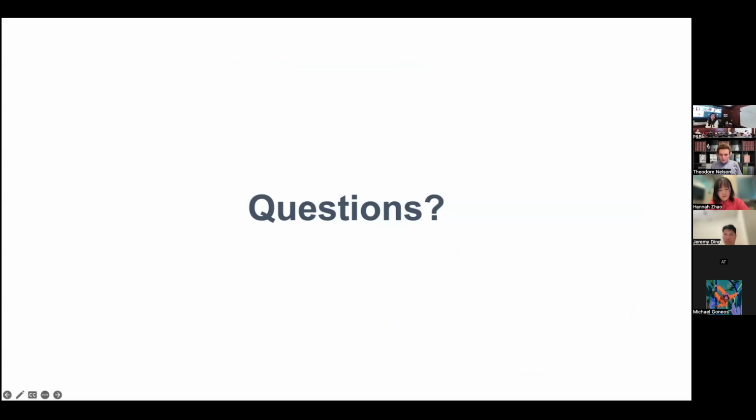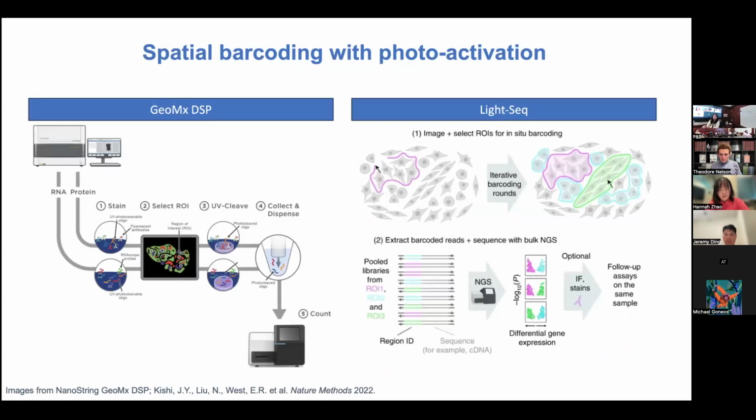Actually, one of the last ones you mentioned, the one using light to segment. Do you happen to know what the cellular resolution is? So still it's not one cell, it's still more of a micron level. The UV lasers, they claim you can go to a few hundred nanometers, like 500 nanometers, but at the end of the day, nobody segments a single cell.